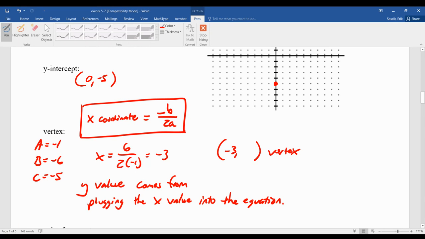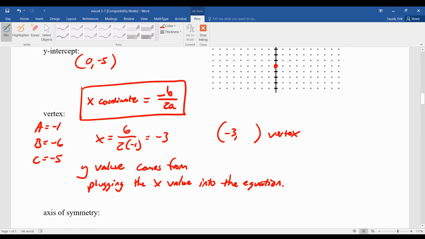Okay, so we know our x value is -3. Now you can use your calculator to help you with this, but you got to be careful even just plugging this in. So I'm just rewriting the initial equation. Remember, it said negative. That negative sign is still there. The only thing that was getting squared was the x.